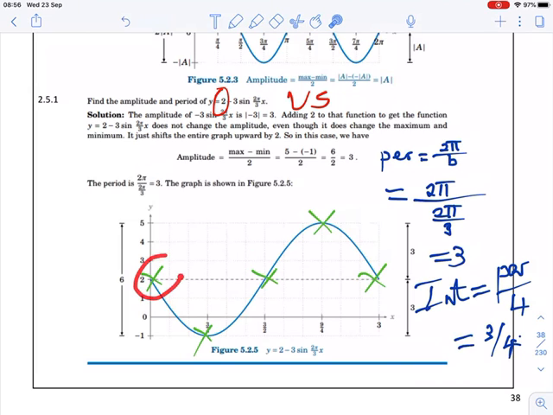Therefore, the graph will start at the center, go down to the bottom, come back to the central, go to the top, go to the central. So it's center, bottom, center, top, center, and then you can carry on, depending on the length of your graph, how far you want to draw it. But remember, we are concentrating on one wavelength in this course.